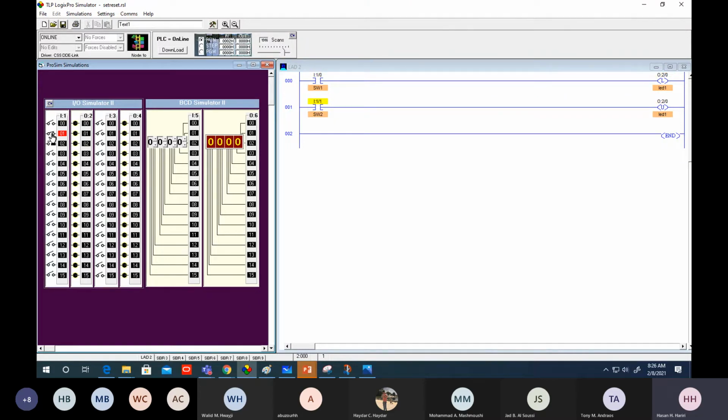It will be unlatched. So now it's unlatched. What if I press switch 1? Nothing will happen, because the last rank will win. So always the last rank will win. You can see the last rank wins, because the last rank is here, and the result of the logic operation is 1. Therefore, for any situation, LED1 will be unlatched, will be off.